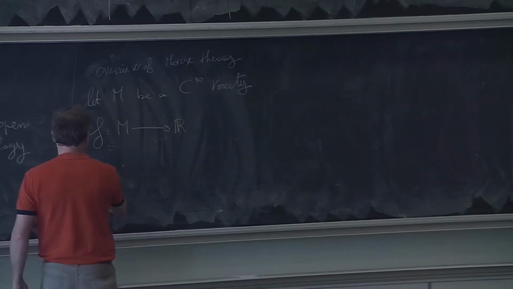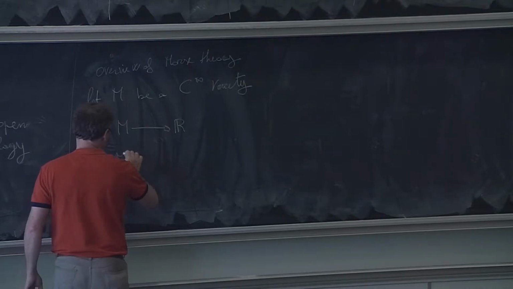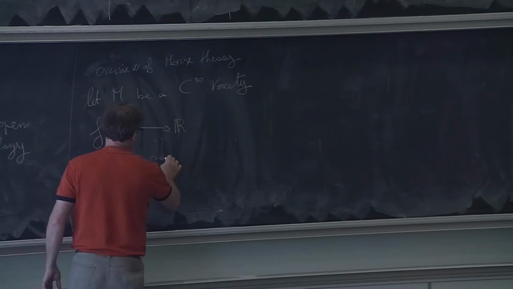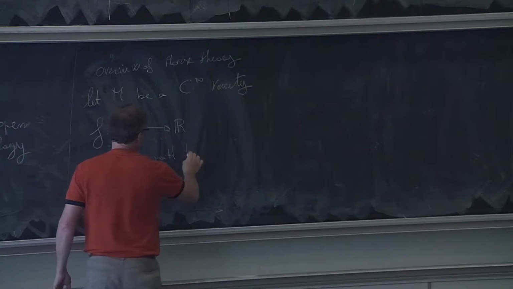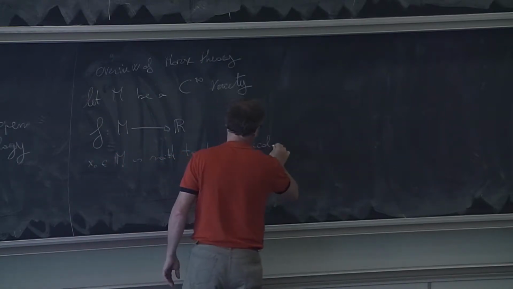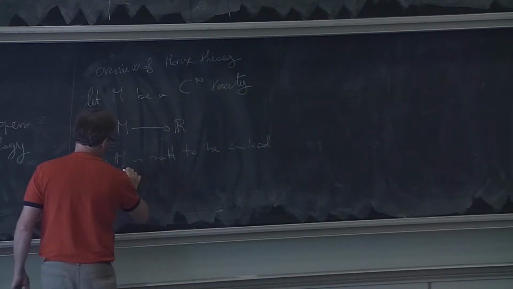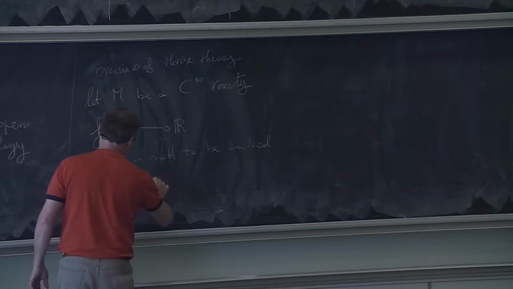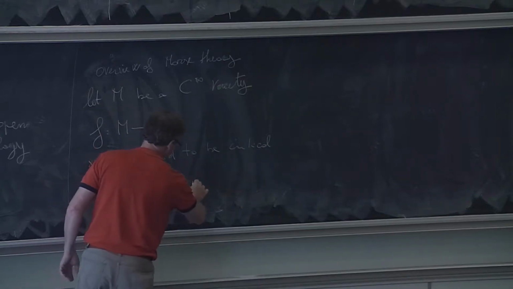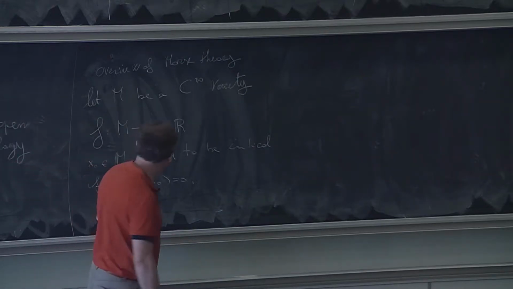A point x0 in M is said to be critical if df of x0 is equal to 0, which means that all the derivatives vanish.